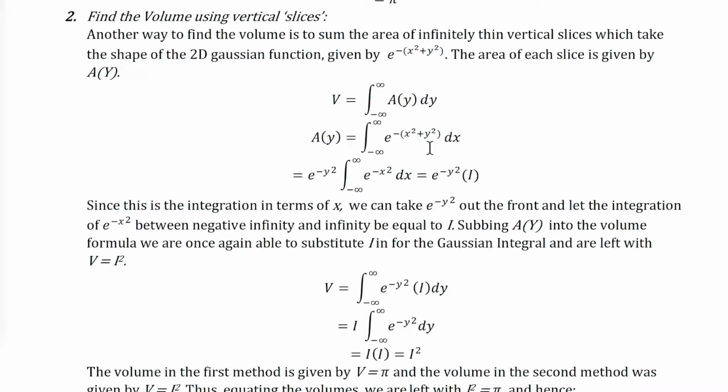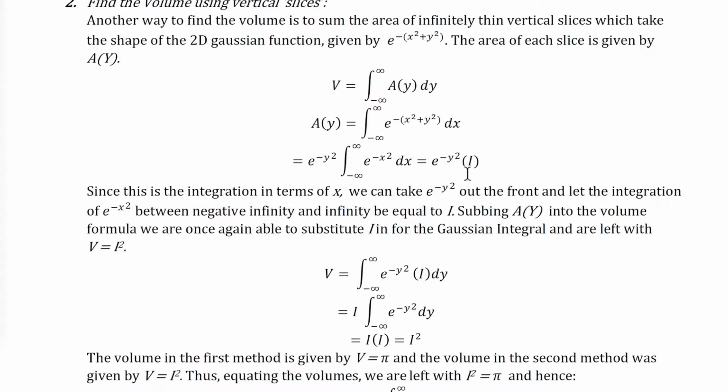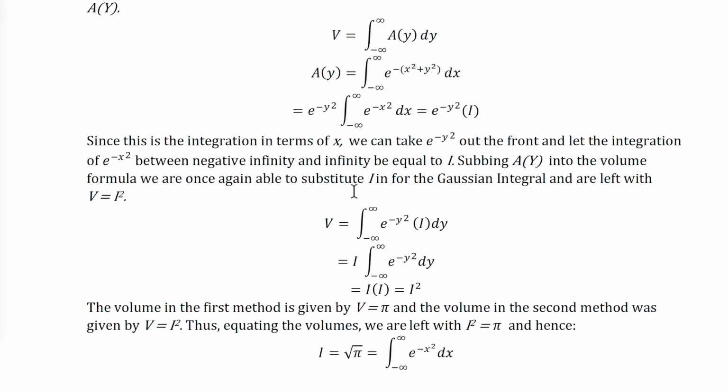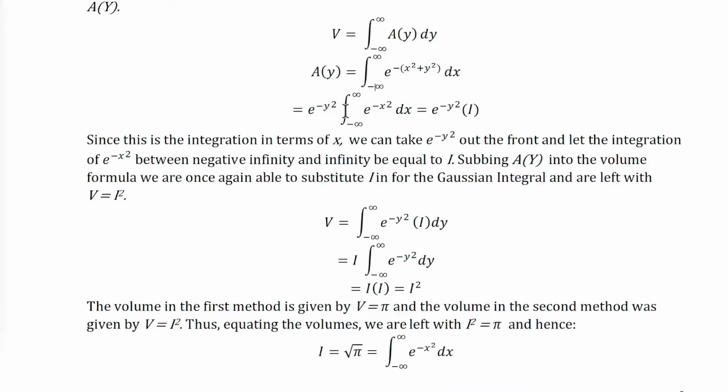Since we're integrating in terms of x, we can take out the e to the negative y squared term due to integral laws, and we actually end up with this term here, which is the Gaussian integral, which we're going to represent by I. So the surface area of each of the vertical slices ends up being e to the negative y squared times the Gaussian integral represented by I. Then we can go further down and sub this surface area equation into our volume equation.